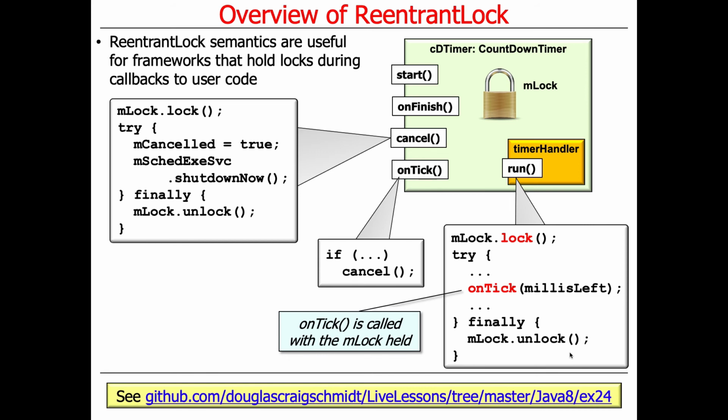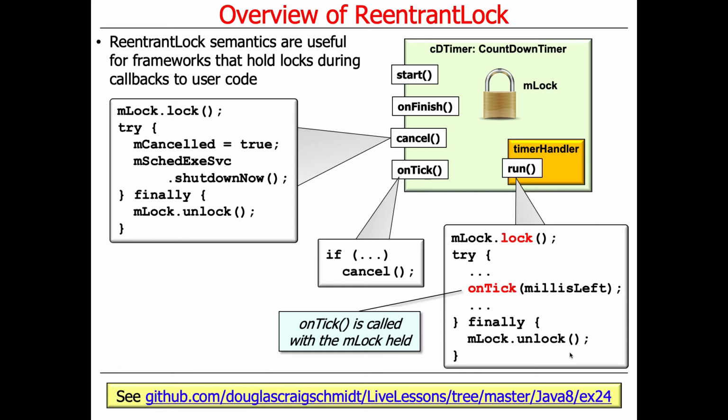So you could imagine like a countdown, like you're going to launch a rocket or something like that, 10, 9, 8, 7. And every time a millisecond elapses, this thing will call back to user-defined code, which can do stuff. And sometimes the user-defined code might update a GUI, but sometimes the user-defined code might want to decide to prematurely cancel the timer. And so let's take a look and see how this would all work.